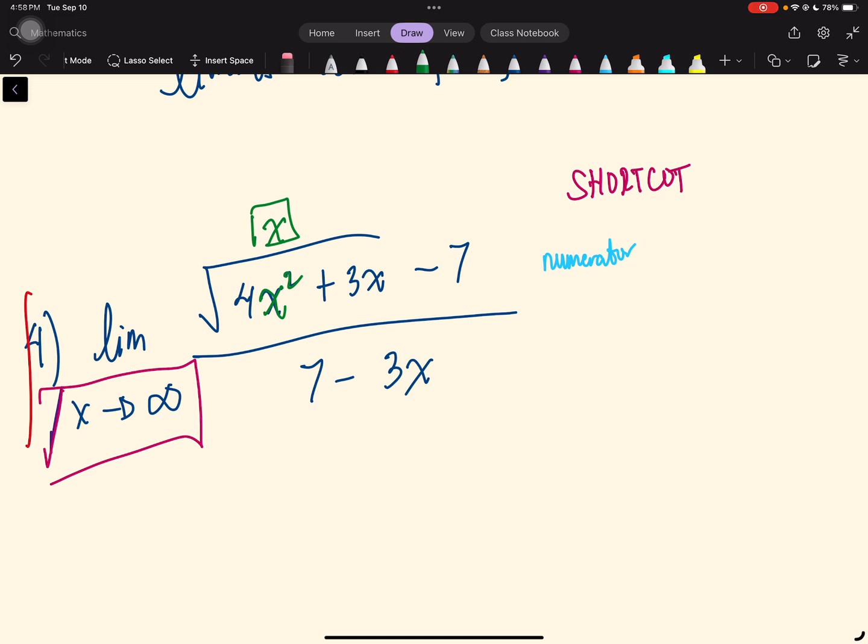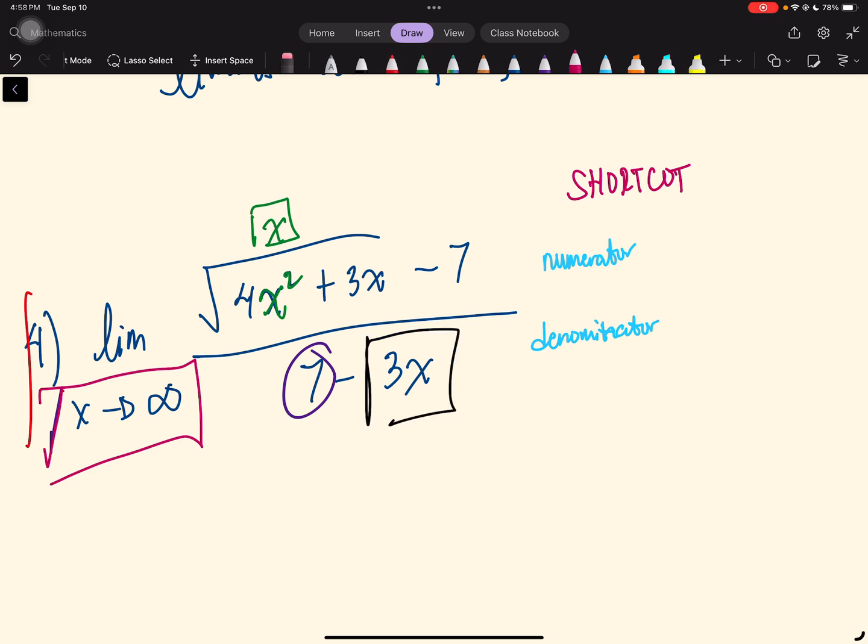That's your highest degree in numerator, 'di ba? How about the denominator? What's your highest degree there? So for the denominator, tama ba spelling ko? Check mo rin, ano rin yung highest degree natin dito? Is it 7? No, kasi 7, that's x raised to 0, diba? And x raised to 0 is 1. No, it's not this. It doesn't even have a variable. So, 3x lang, diba?